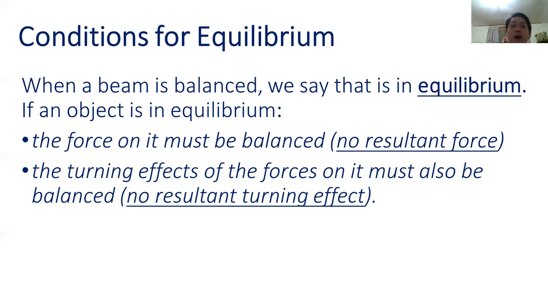Again, if an object is in the state of equilibrium, there is no resultant force and there is no resultant turning effect. I want you to remember that very important concept. Let's now proceed to an example about the state of equilibrium.